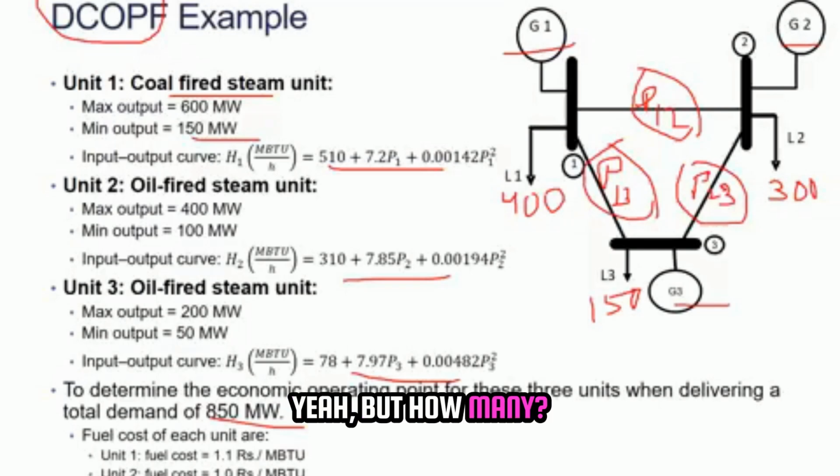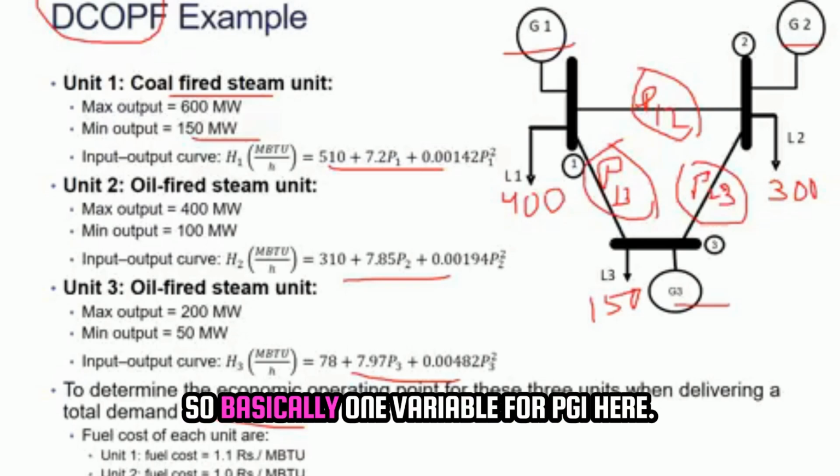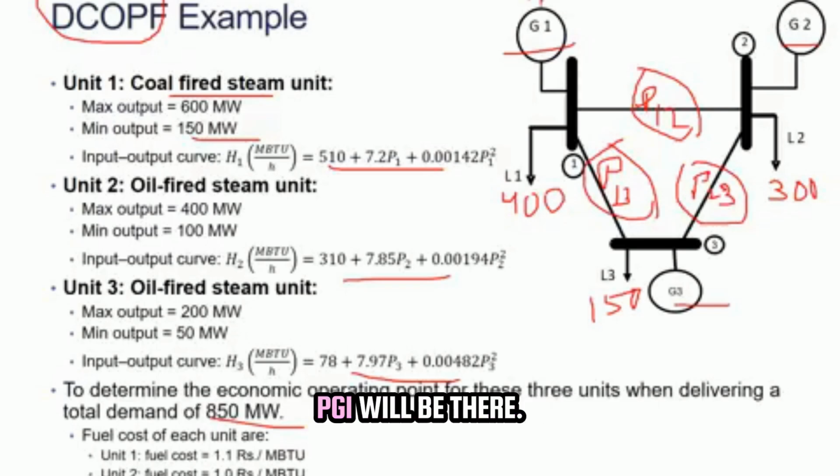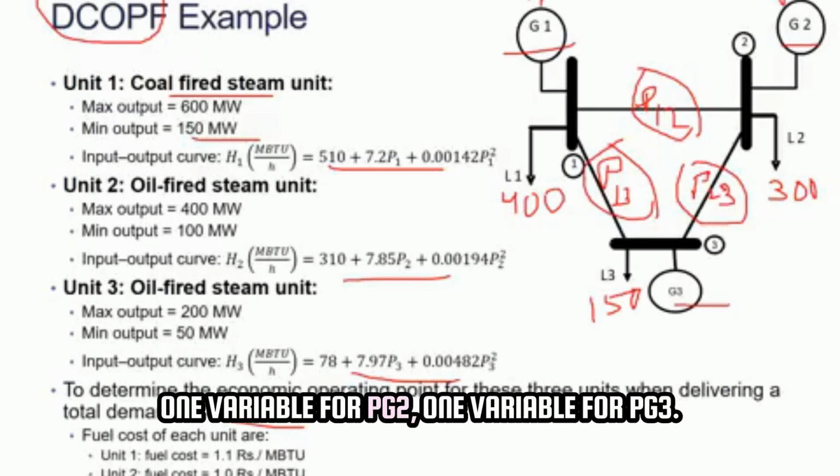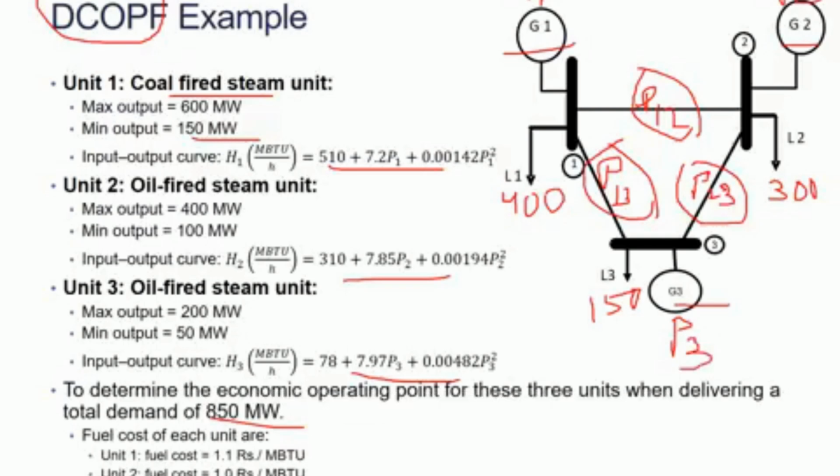How many? Yeah, you can keep one slack. So basically one variable for PG1, one variable for PG2, one variable for PG3, right?